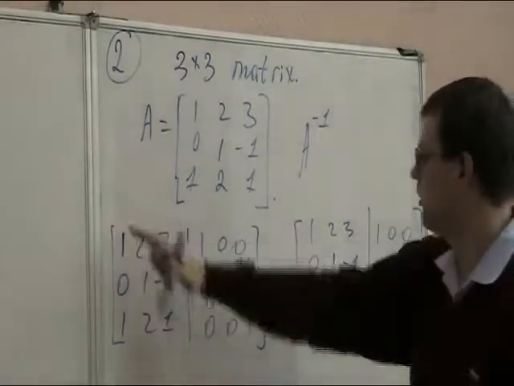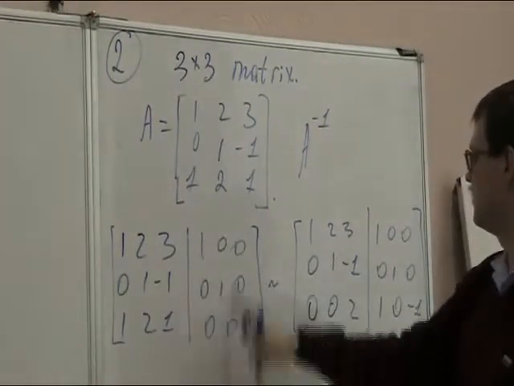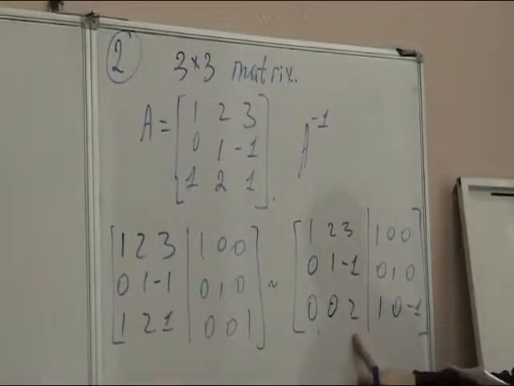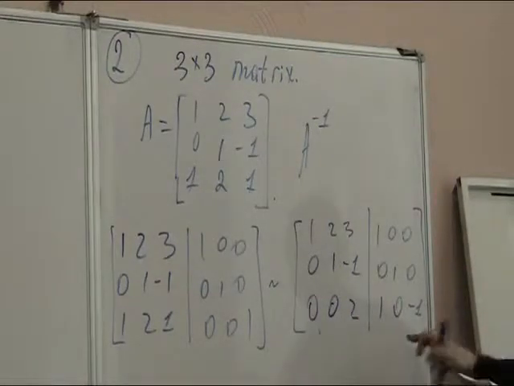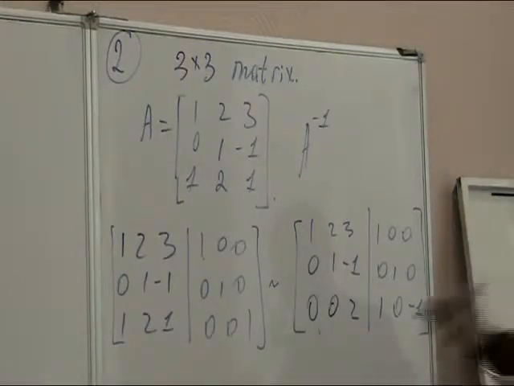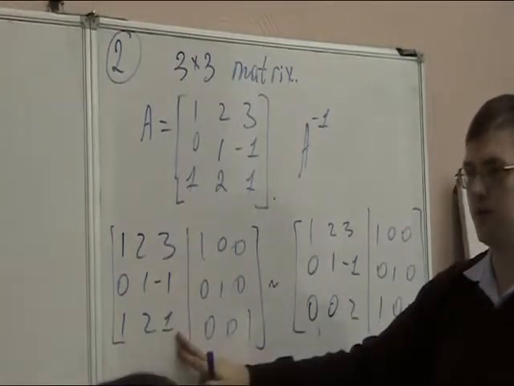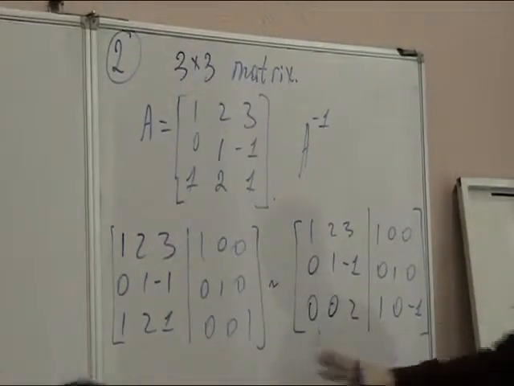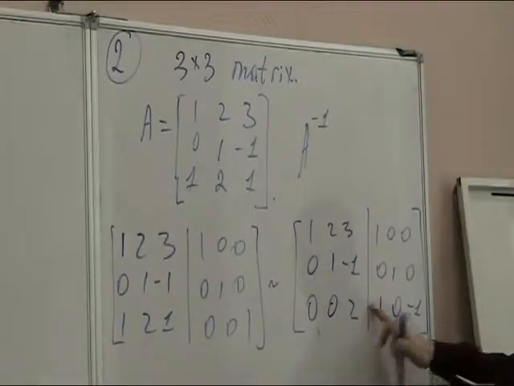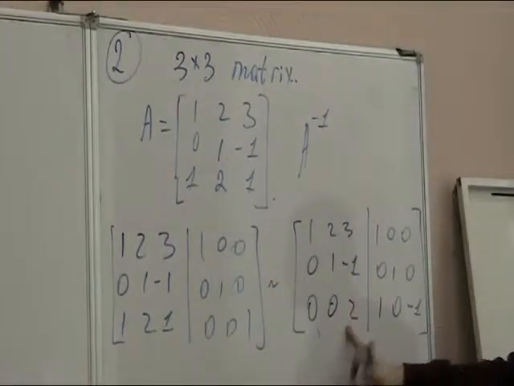Why minus 2? 1 minus 1, 2 minus 2, 3 minus 1. Because if you subtract the first from the last, it's going to be minus over here, but we subtract the last from the first, so it's plus 2.